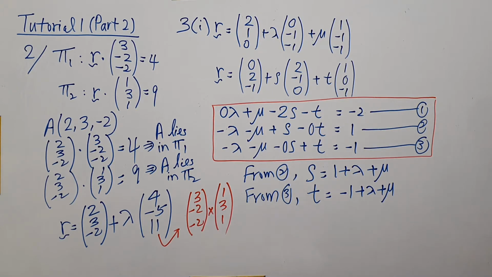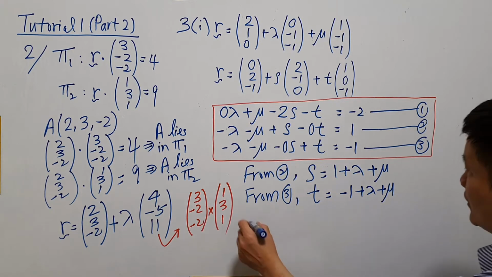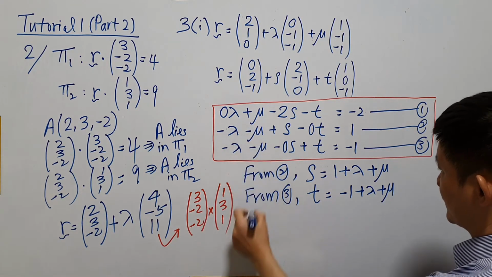So now that I have s and t in terms of lambda and mu, I intend to plug these two into here and here. There's no lambda, right? 0 lambda.